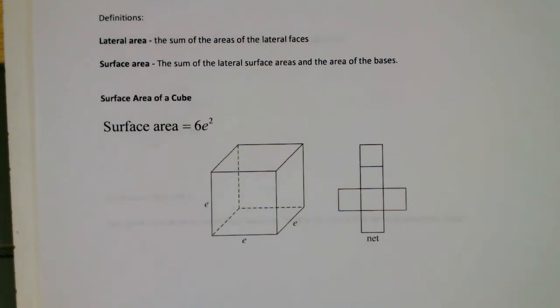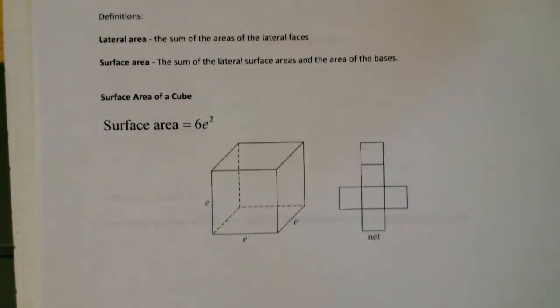Now, the formula for finding the surface area of a cube would be 6e squared. And in this case, your e is going to be the edge of that cube, or the length of the edge of the cube, or we can call that the side of that cube.